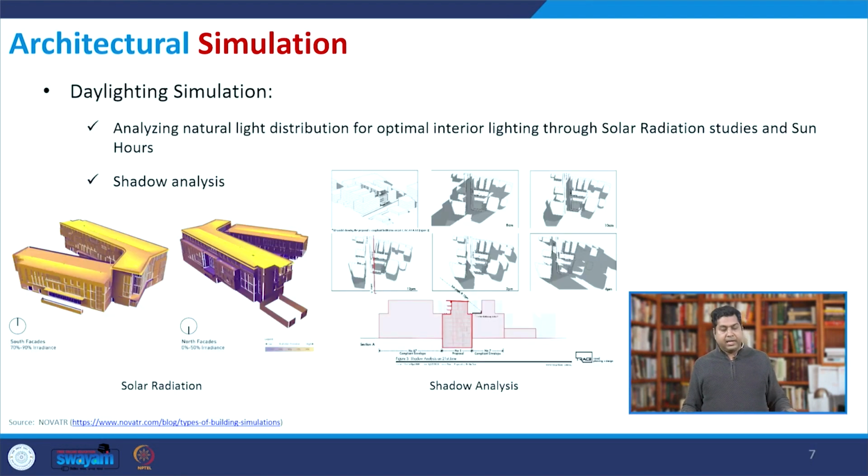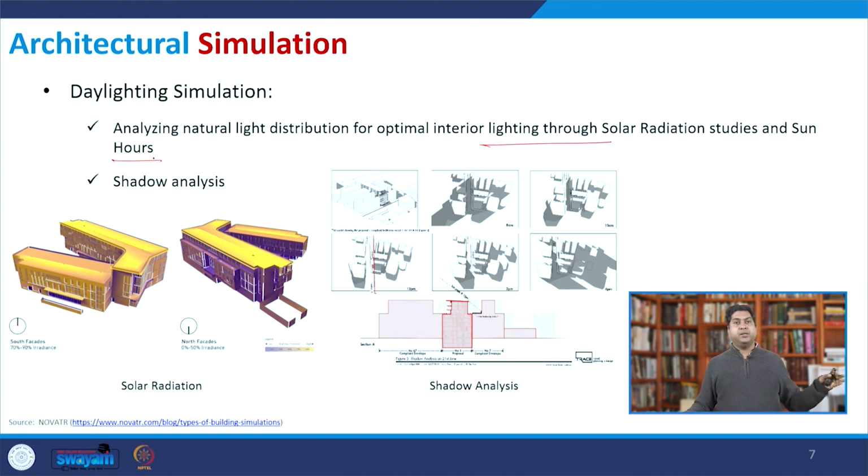Now coming to daylight simulation, there is software available which actually helps to understand the sun path movement, the location of the building, and the relationship between the location, orientation of the building and the sun path. In this case, it helps in analyzing natural light distribution for optimal interior lighting through solar radiation studies and sun hours.